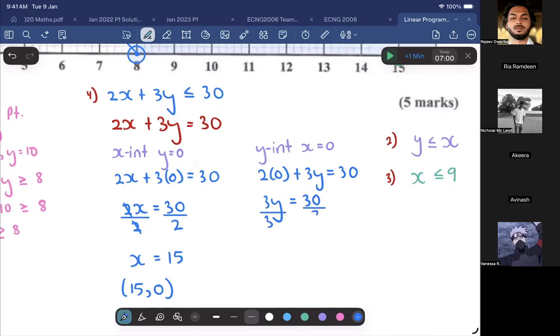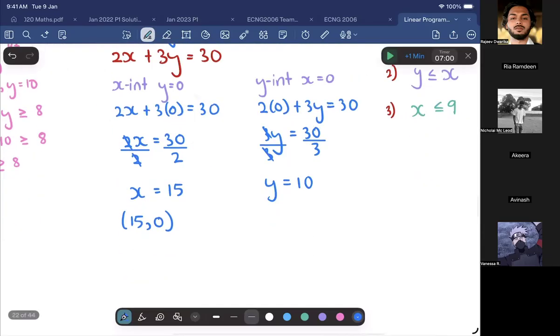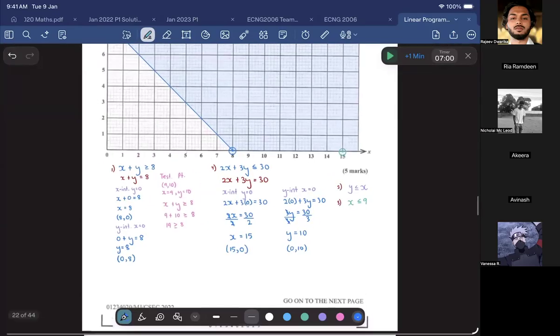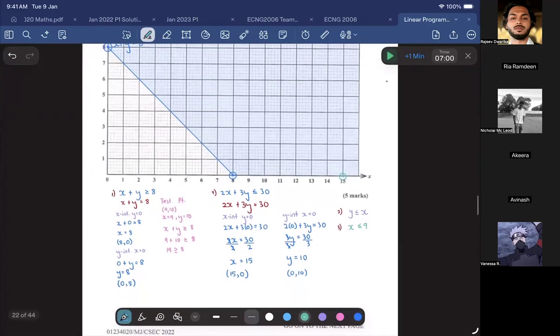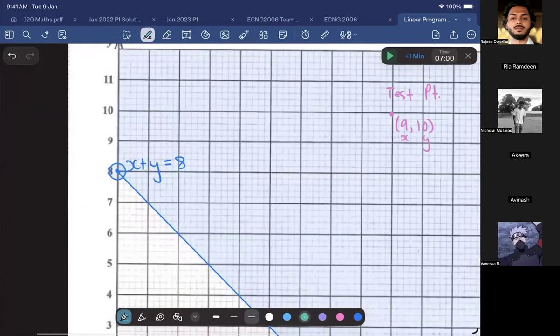Okay, so 1y or y is equal to what? 10. So where's my line going to cut my y-axis? At 10. Right, and the point would look like 0, 10. And that means my line cuts my y-axis at 10.